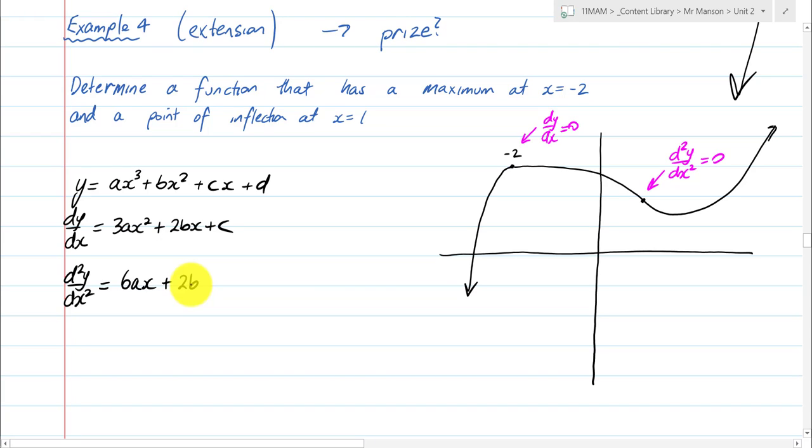So there's some information that I have, okay? Now you know that a point of inflection has a second derivative of 0. So the first thing I know is that at x equals 1, d squared y/dx squared equals 0.